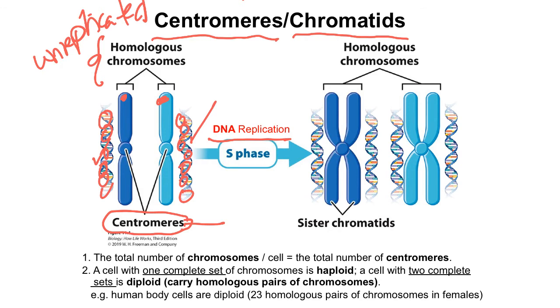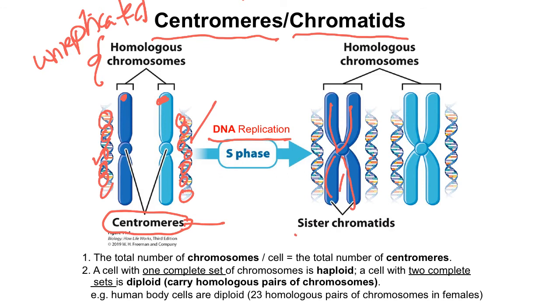So a full DNA replication during S phase at the interphase stage will cause the formation of a double-stranded chromosome, like so. And each of these strands is a perfect duplicate of the other.